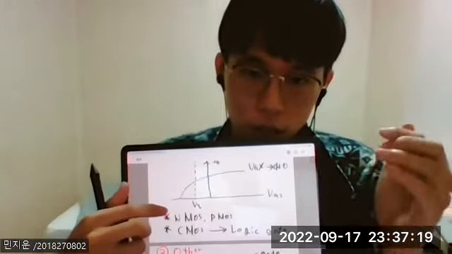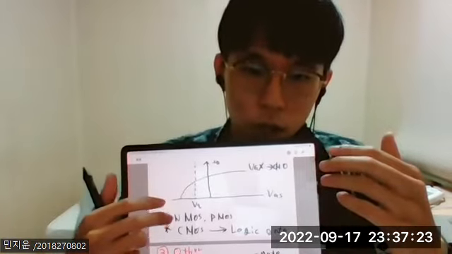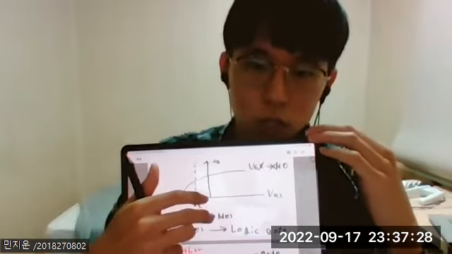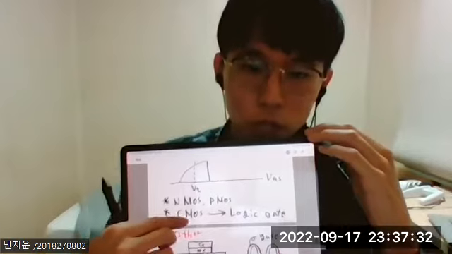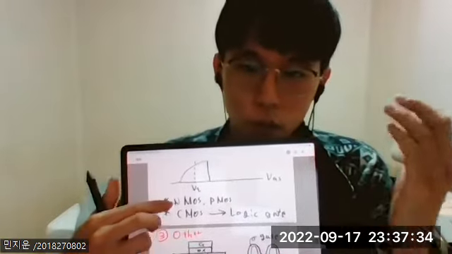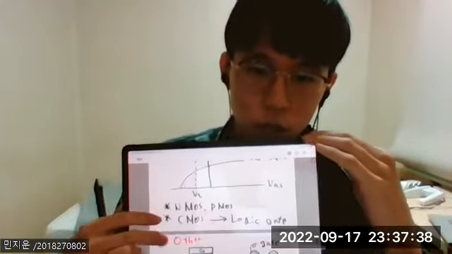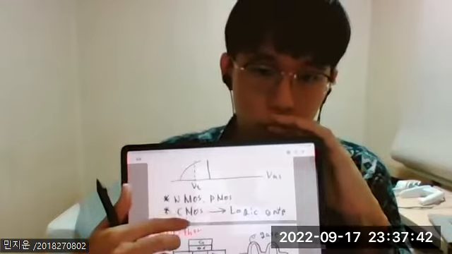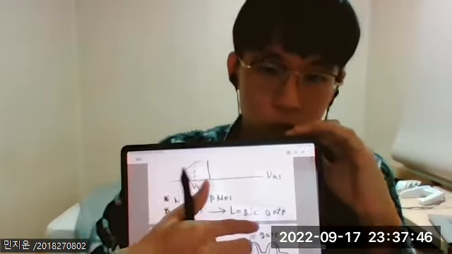If the channel is n-type, that MOSFET is called n-type MOSFET, and p-type channel is called p-type MOSFET. And if you make the CMOS by the NMOSFET and PMOSFET, you can make the CMOS inverter gate, and you can use this to make the logic gate.